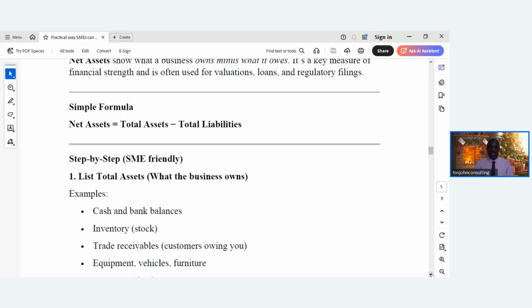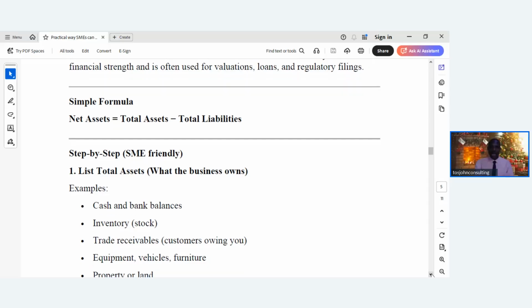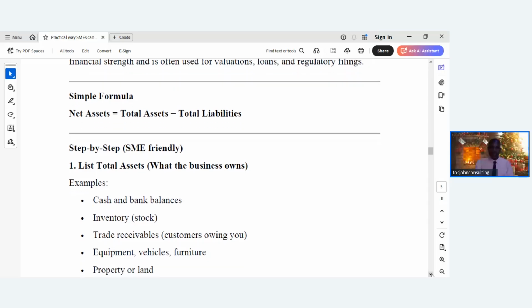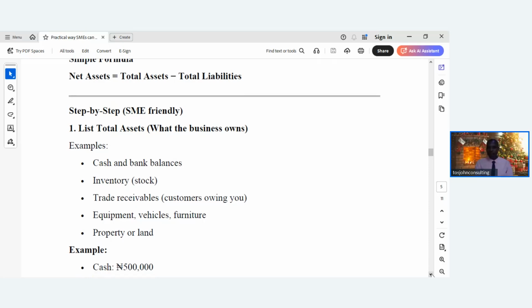So there are steps that you can use to know your net worth. You list all your total assets, what the business owns. For example, your cash and bank balances, your inventory, known as stock, your trade receivables, customers owing you, your equipment, vehicle, furniture, building, that's your non-current assets, and then your property or land.